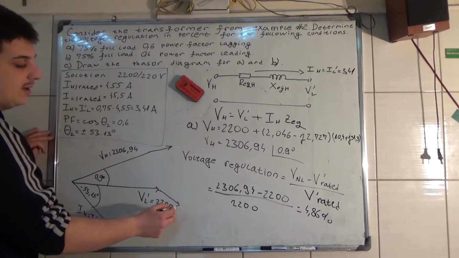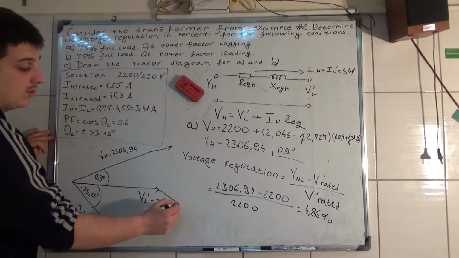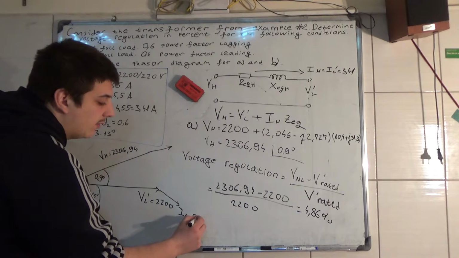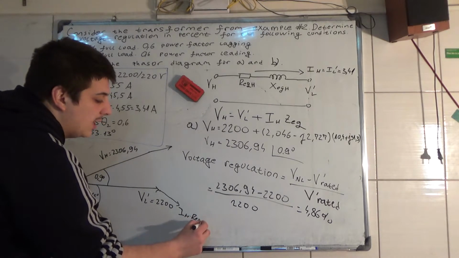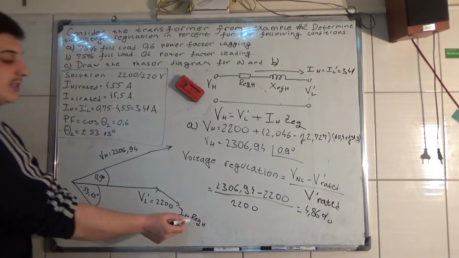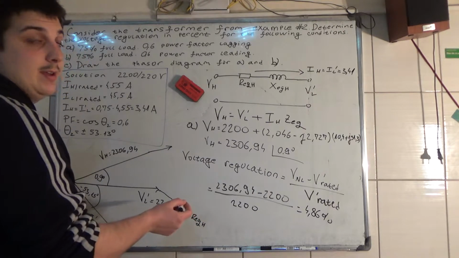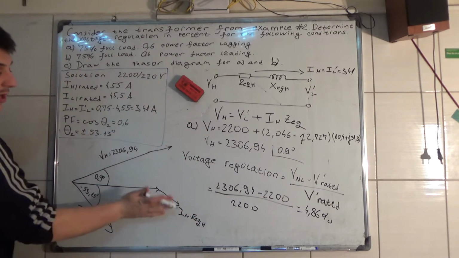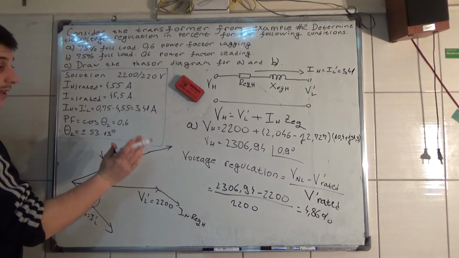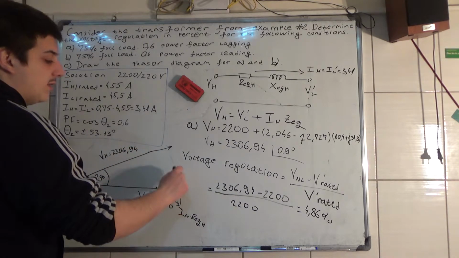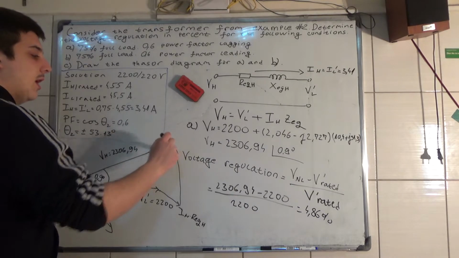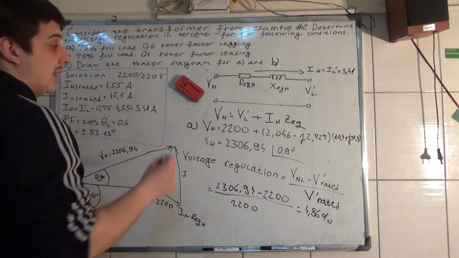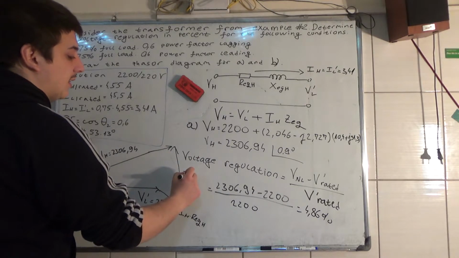You have this vector here, IH times R equivalent H. The resistive impedance of the transformer doesn't do phase shifting. Here we have 90 degrees, the inductive X equivalent H phase shifting.